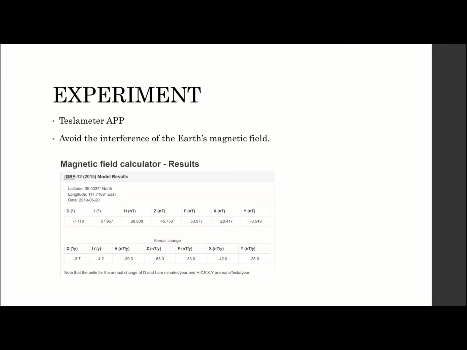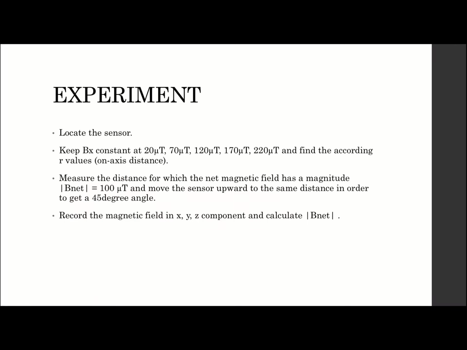This slide and the next one show how I approached the final result, from downloading the Teslameter app to recording all the measurements that I got. I used the magnetometer in my mobile phone to measure the magnetic field created by the bar magnet at different distances.